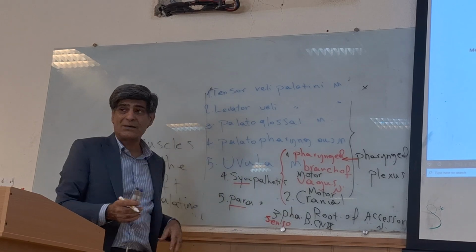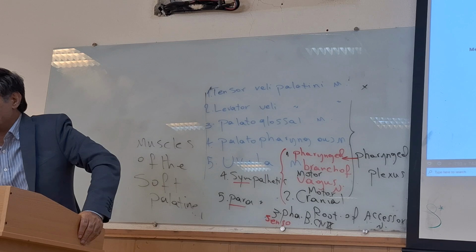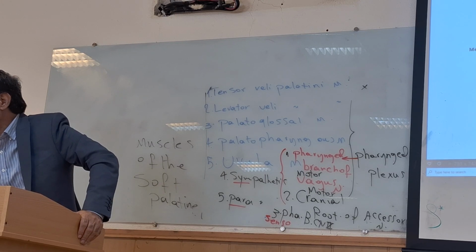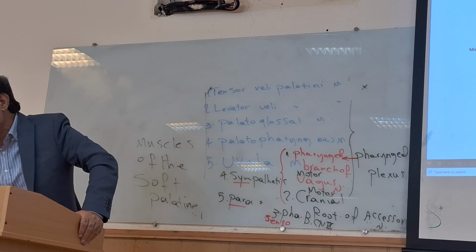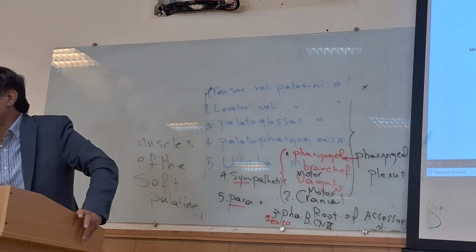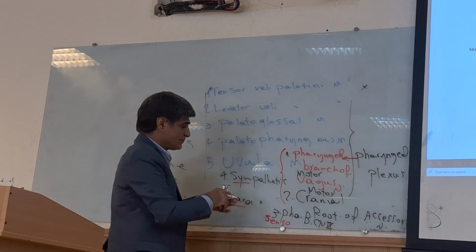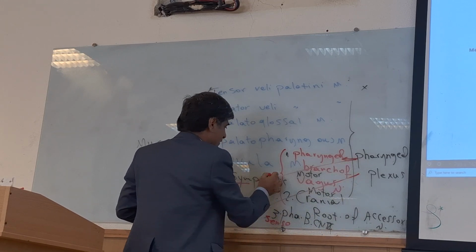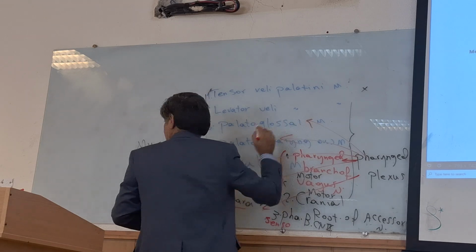All the muscles of the soft palate are supplied by the pharyngeal plexus, which has branches from the vagus and the cranial root of the accessory, except one. Tensor veli palatini is innervated from which nerve? Trigeminal, very good.